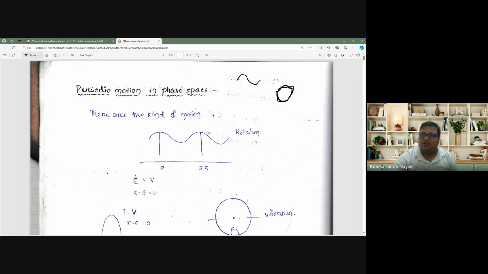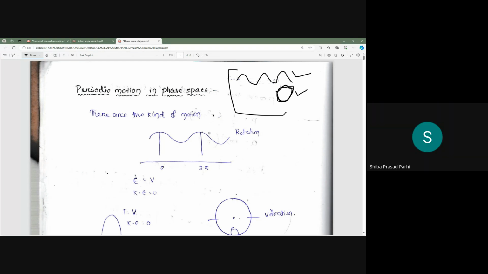Another motion is like a sine wave or cosine wave. It is also a periodic motion, it has a time period. In both cases, we have calculated the time period, or not? Yes sir.